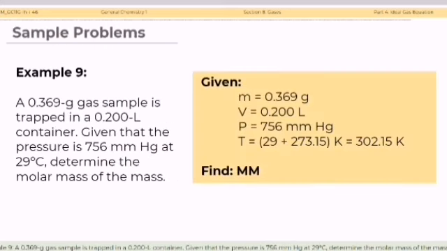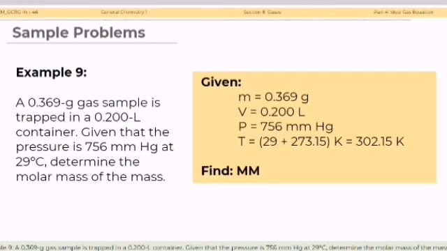Let's have example number 9. A 0.369 gram gas sample is trapped in a 0.200 liter container, giving a pressure of 756 millimeters of mercury at 29 degrees Celsius. Determine the molar mass of the gas.